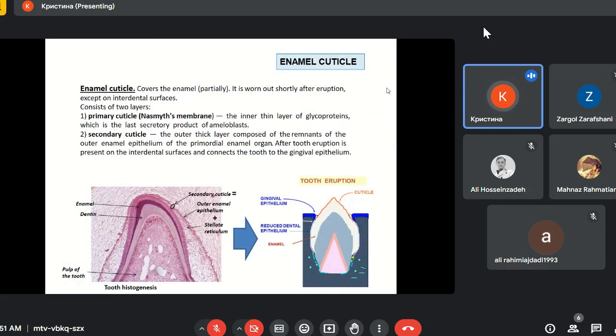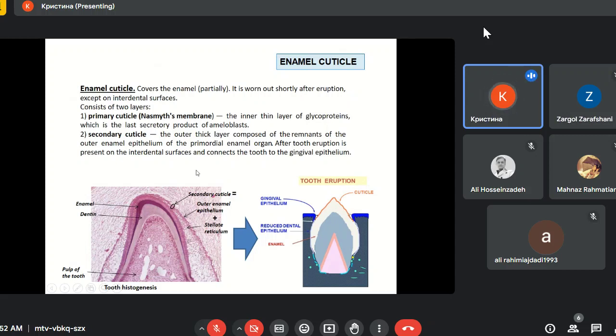Actually, the last layer produced by the ameloblasts before they die is called Nasmyth's membrane. It is a very thin layer of glycoproteins produced by the ameloblasts, and it will form the so-called primary cuticle, the layer which covers the enamel from outside.